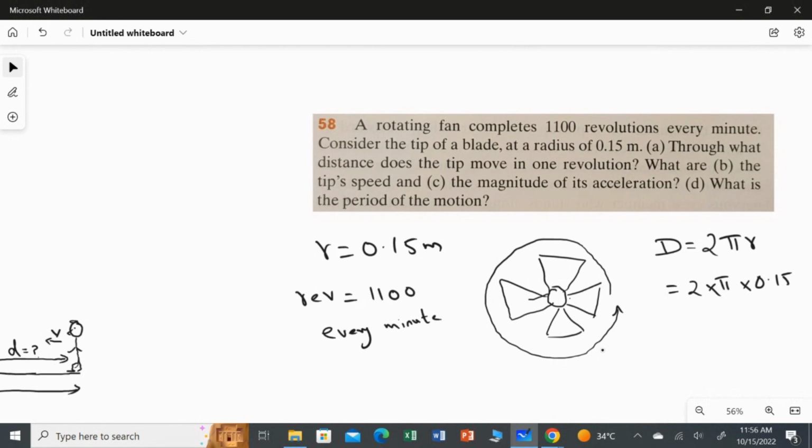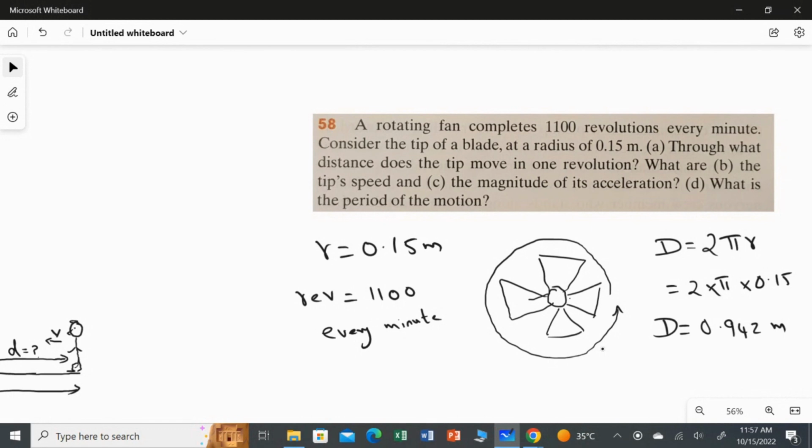So what will be the answer? 2 multiplied by pi multiplied by 0.15 gives the answer of 0.942. So the distance for one complete rotation is 0.942 meter. Clear?